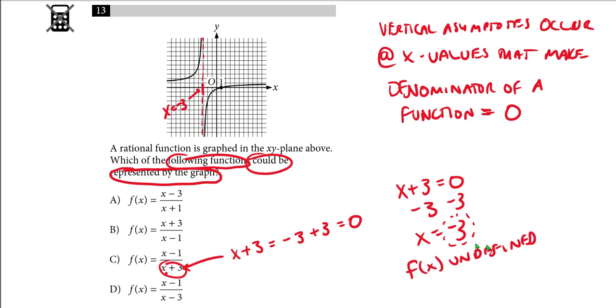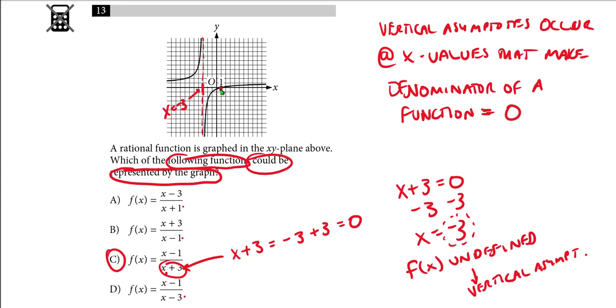And again, we said that when a function is undefined, because there's an x value that's making the denominator of the function equal 0, we will see a vertical asymptote at that x value. And that's indeed what we're seeing here on the graph, which means that the only possible answer here is C. None of these other answer choices, none of these other functions has a denominator that will be 0 when x equals -3.